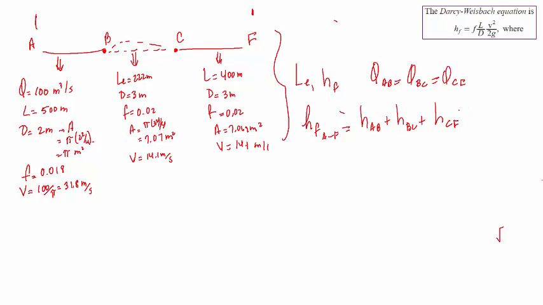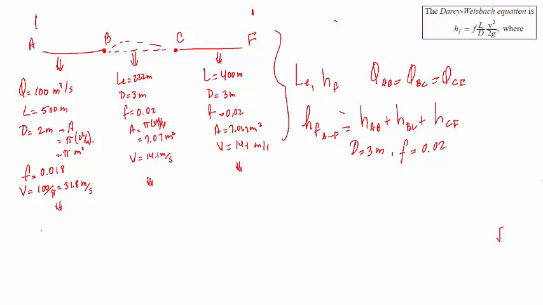And they're telling us that for this pipe the diameter is going to be 3 meters and already gives us a friction factor of 0.02, which in real life doesn't happen, but so what we have to do is to calculate the head losses for each one here.